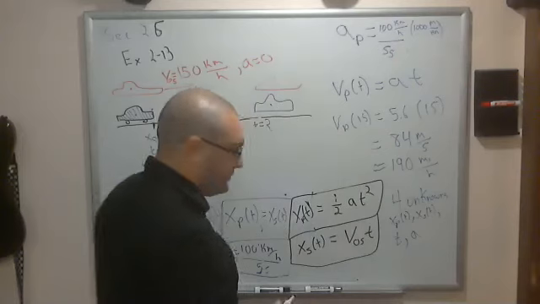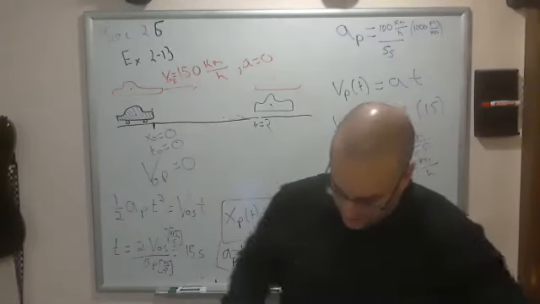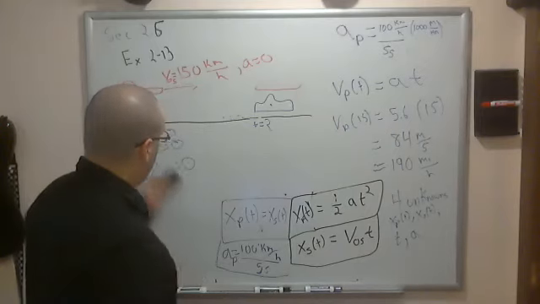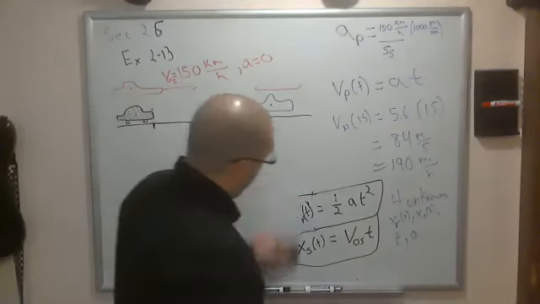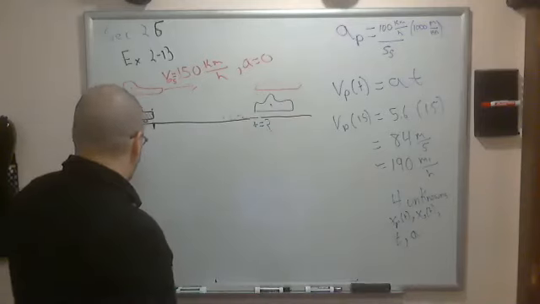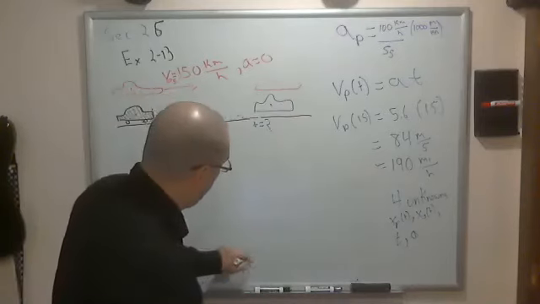Let's just draw the graphs for the speeder and the police. So what would the position function look like?